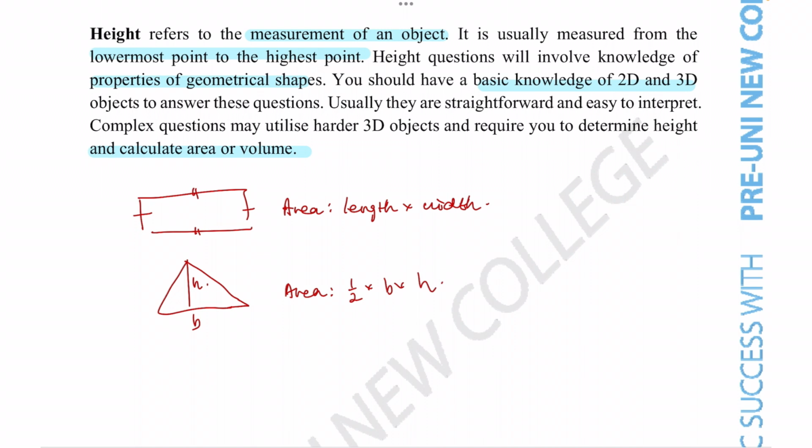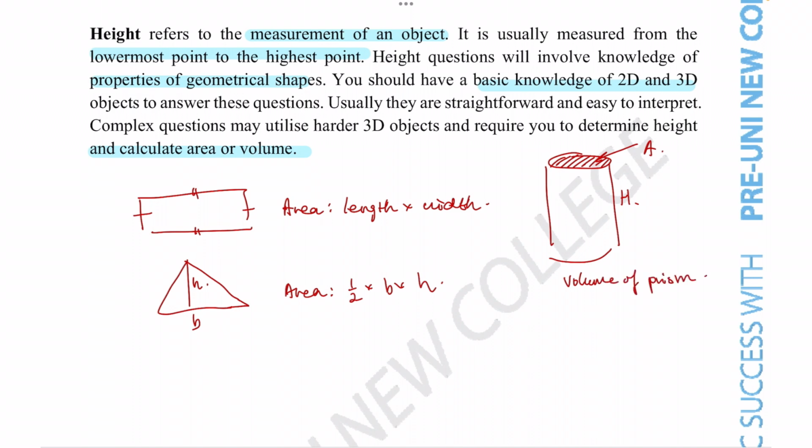We've also got 3D objects, where the height becomes quite important, because if we figure out the area of the base shape, then multiply it by the height, we get the volume of a prism.